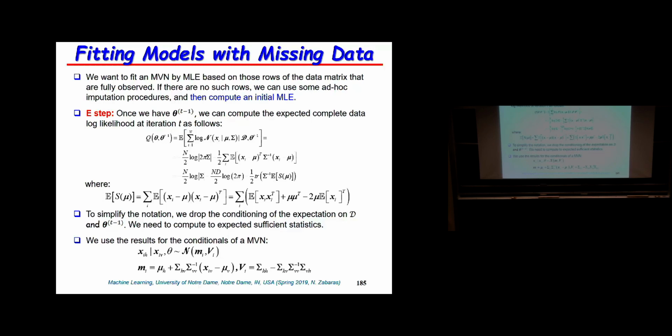Eventually you can write this expected log likelihood as minus n over 2 log of the determinant of sigma, minus n d over 2 log of 2 pi, where the Gaussian is of dimension d, and then the trace of sigma inverse times the expectation of xi minus mu, transpose. So I really need to compute the responsibilities, the sufficient statistics: the posterior expectation of xi and the posterior expectation of xi xi transpose. Again, looking at each row, xi contains what I know and what I don't know.